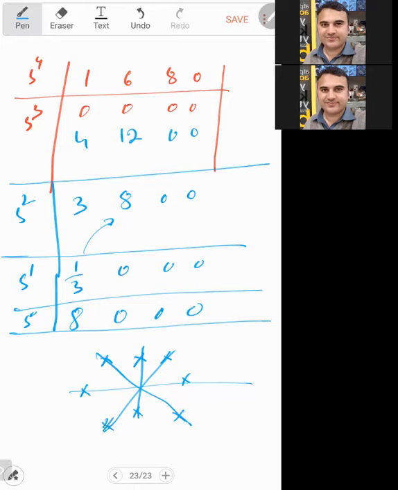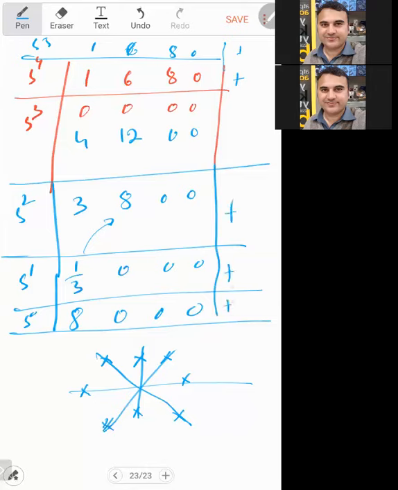First of all, we will look for the sign. So if you write S5, which is also equal to 1, 6, 8, and 0, first of all, we will look for the sign changes. So this is plus, plus, and you see all are plus.